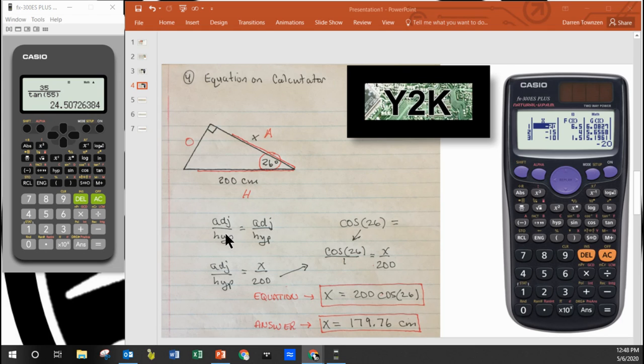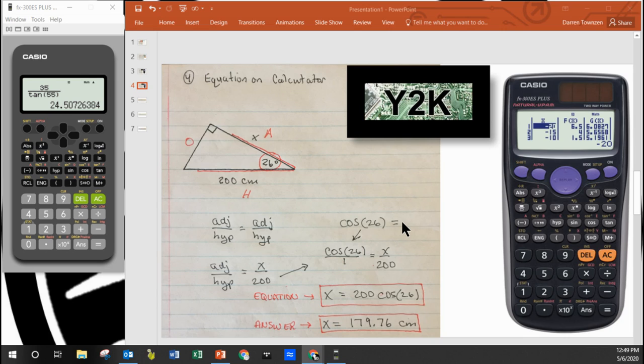So the adjacent over the hypotenuse of one 26-degree right triangle will equal the adjacent over the hypotenuse of every 26-degree right triangle. So our adjacent is x, our hypotenuse is 200. So there's our proportion that we're going to use there. Now, we need to find out what the cosine of 26 is, and it is a decimal. It's the same number that we would find on the trig table or on our 1980s calculator.